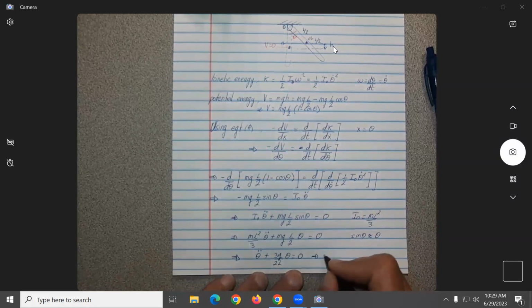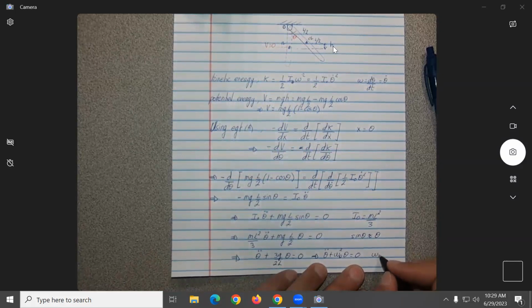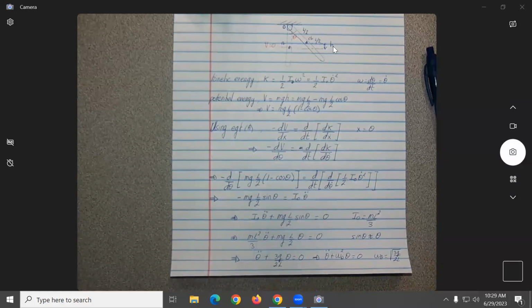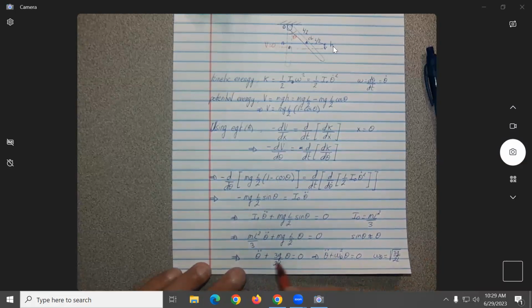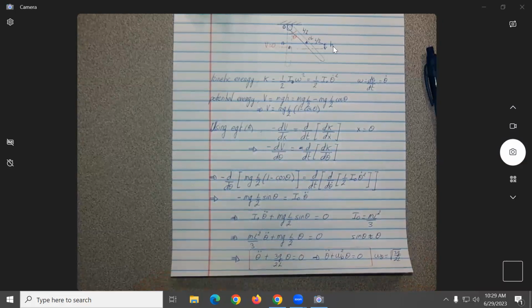Or probably we wrote this one as theta dot dot plus omega squared theta equal to 0, where omega was equal to the square root of 3g over 2l. Is that what we got last time? I mean, last time was yesterday. It's not that far away.